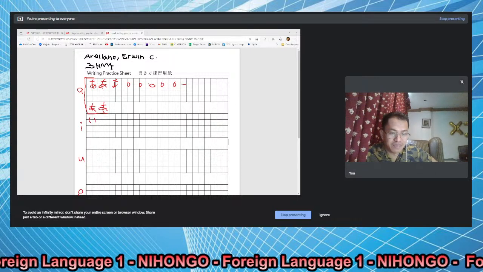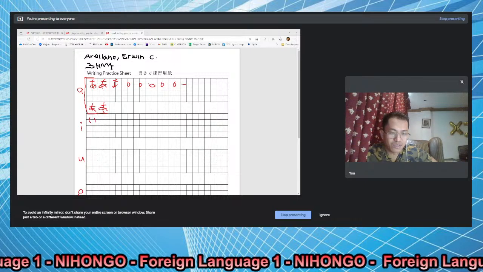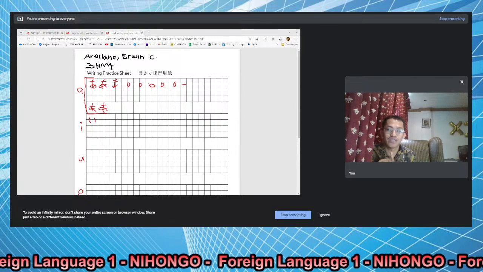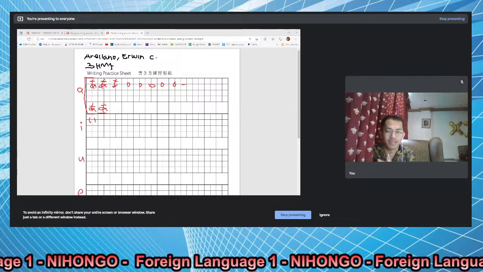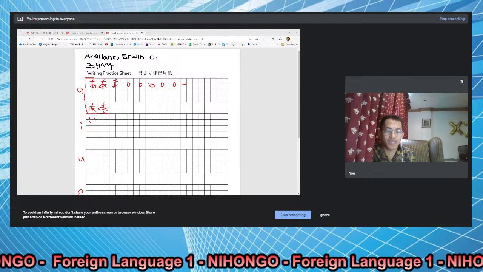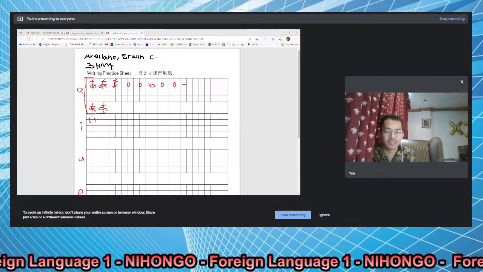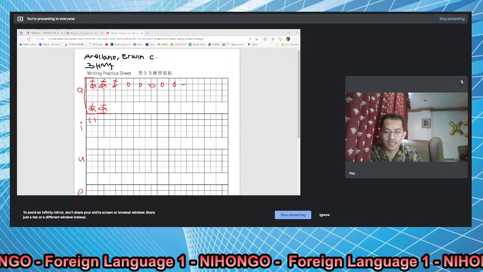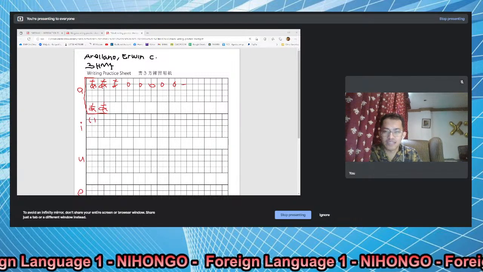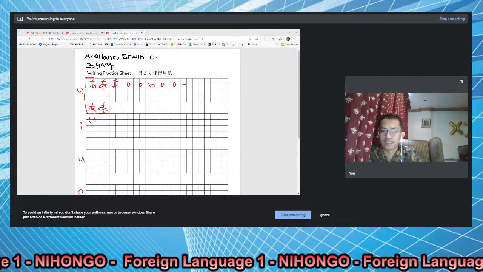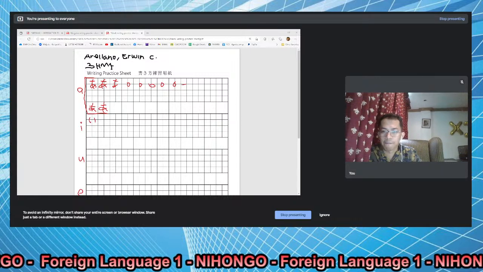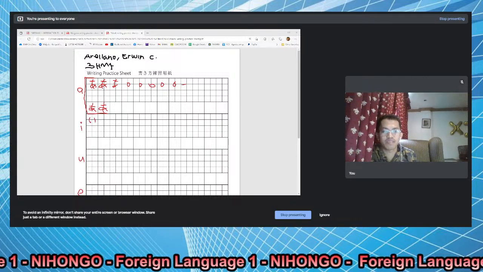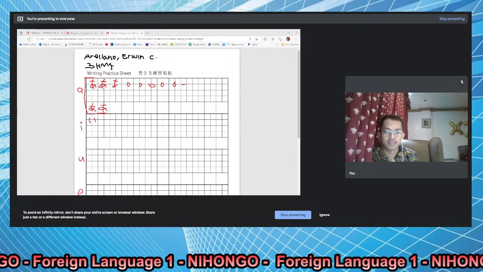Sir, pa-dictate nga po ulit lahat ng coverage. Okay, coverage. Yung introduction to Japanese language. Tapos, yung lesson, Meishi no Kokan, yung exchanging business cards. Number 2.